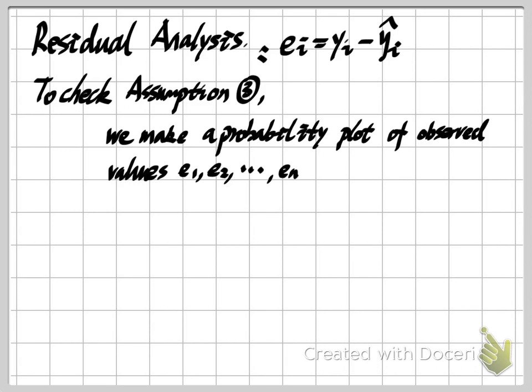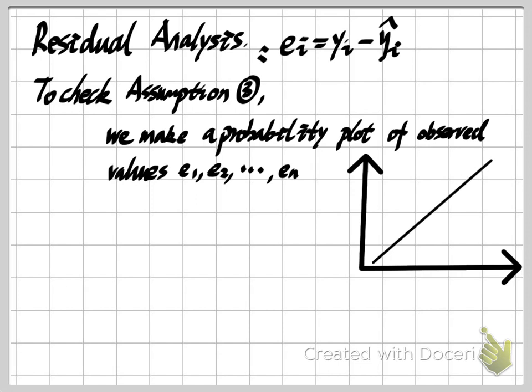Let me first draw a quick graph of this. When we get a probability plot, we will first have a line here. This line represents the normal distribution, like this. Then our data will appear as some marks, for example a point here, there, and there.